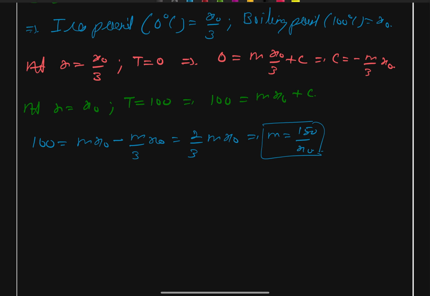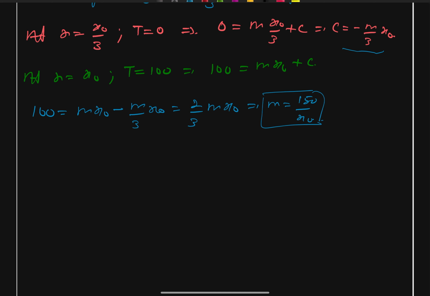And we substitute it in c, so we get our value of c is equal to minus x naught by 3 times m, that is 150 divided by x naught.